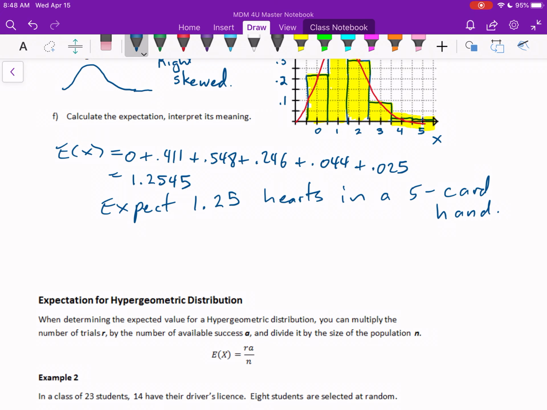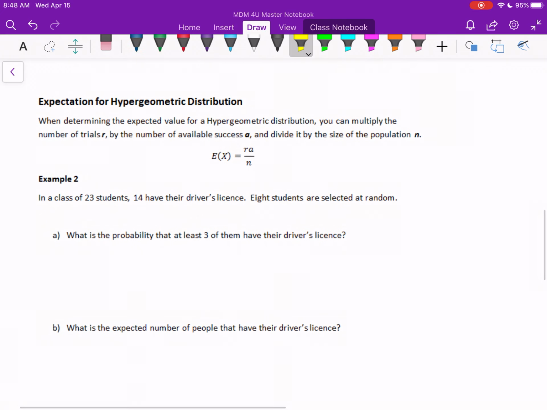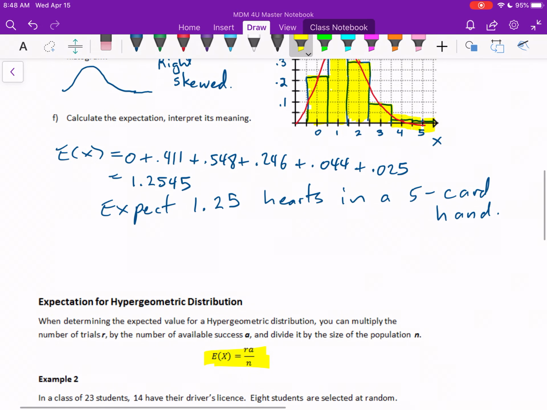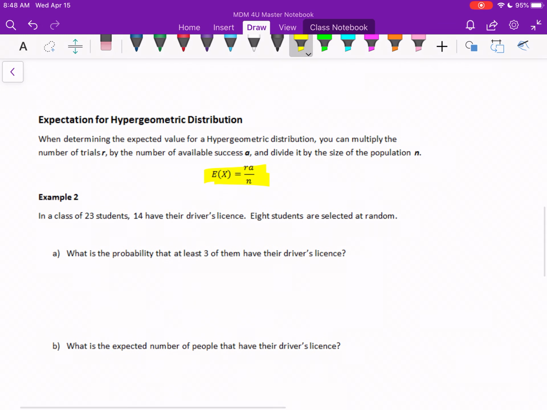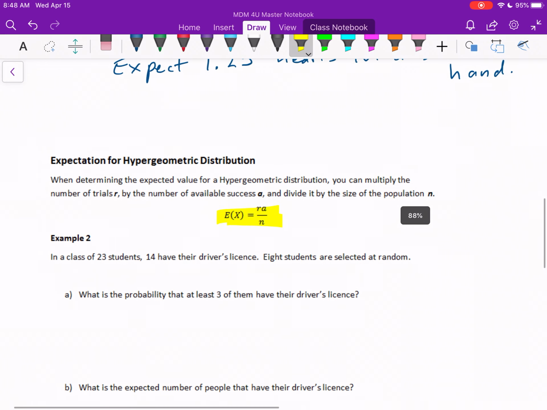But there's a shortcut for it again, and the shortcut is given here. E at x equals r times a divided by n. So again, we don't have to go through this long process of multiplying everything out like I did in the table and then adding them all up. If I just do r times a divided by n, then I should get my expectation. So remember, for this last example, let's just check that out.